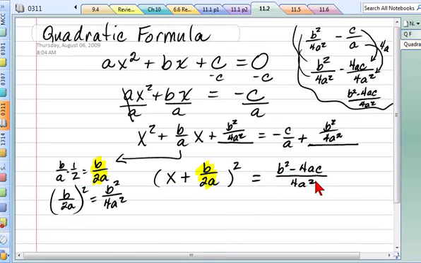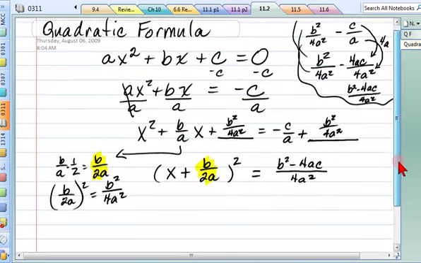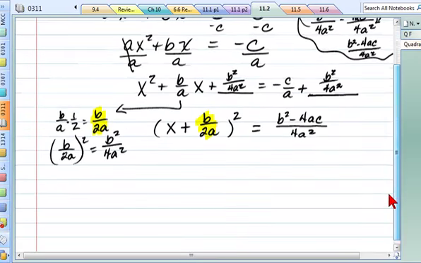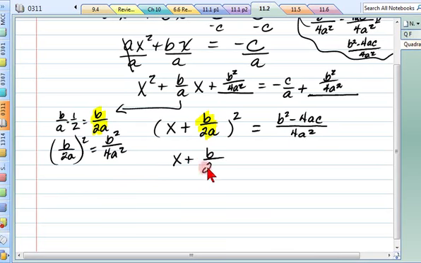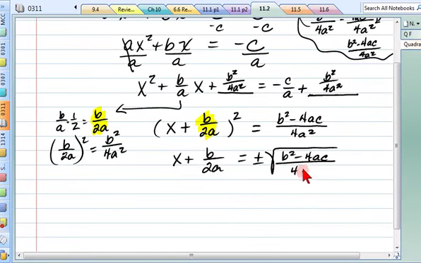Now remember, you're not ever going to have to do this whole process. This is just showing you how a formula is derived, where it comes from, not how to use it. All right, so now I'm going to use the square root property. That's going to give me x plus b over 2a is equal to plus or minus the square root of b squared minus 4ac all over 4a squared.